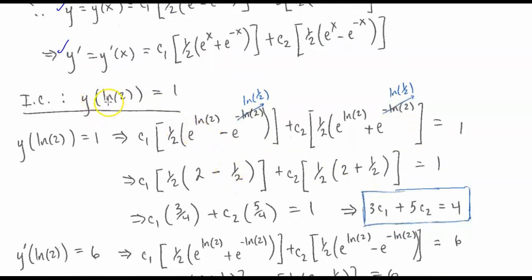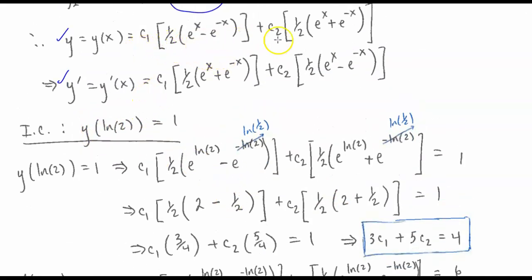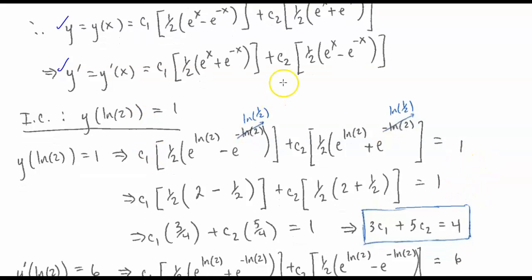Everywhere where we see x in this particular function here, we replace it with natural log of 2. And of course, it's going to equal 1 in this case. So you see, I'll go ahead and plug in everything. And notice that negative natural log of 2 is the same as positive natural log of 1/2. Okay, because we're just taking that understood -1, putting it in the exponent there, and 2 raised to the -1 is the same as a positive 1/2.